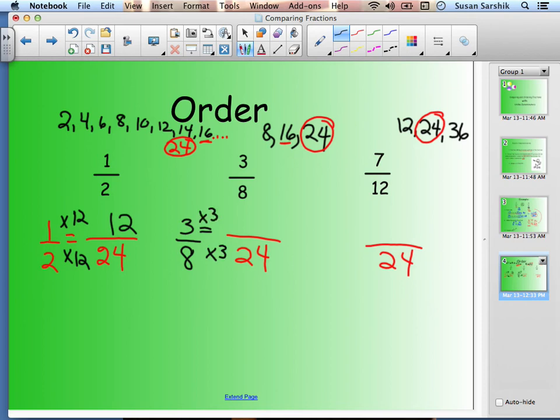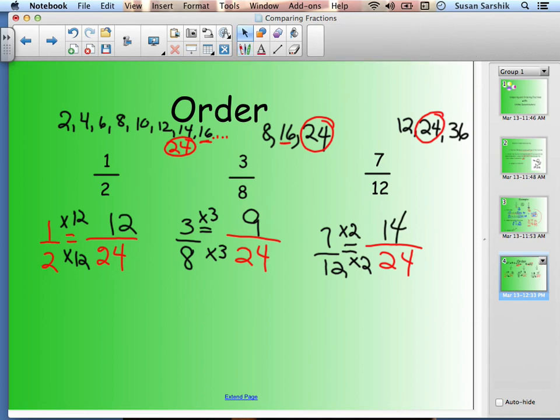I do the same to the numerator. I now have 9/24. And if I'm looking over here at 7/12, what's equivalent to 7/12? I have to multiply 12 by 2 and do to the top what I do to the bottom, and I would have 14.